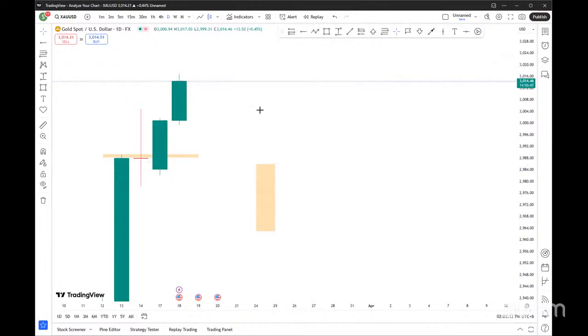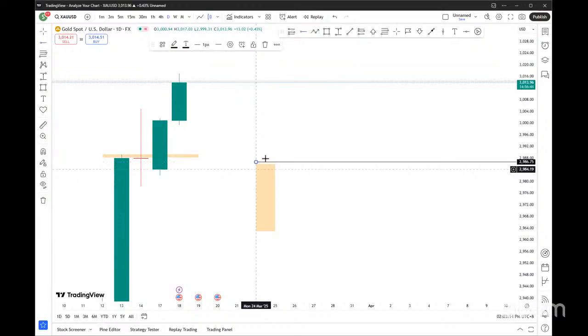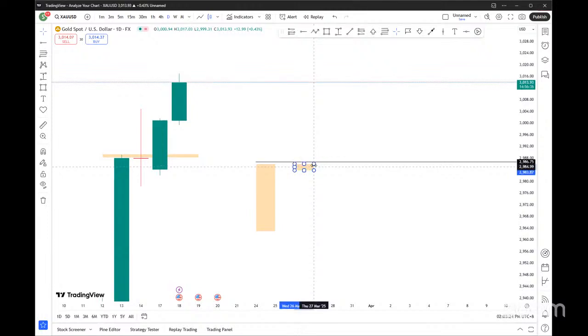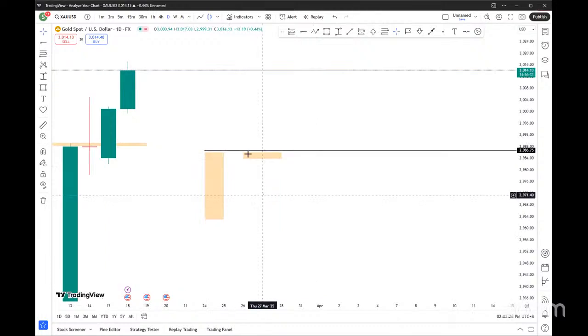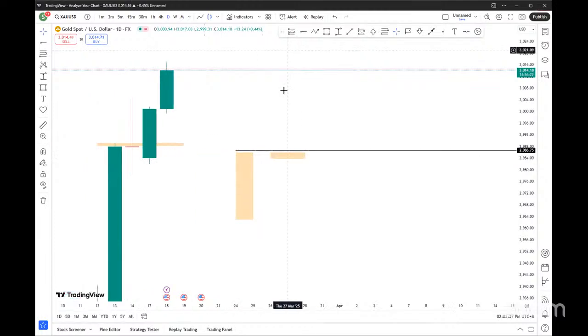If yesterday's candle closed exactly here, today's candle will open exactly there as well. So based on this, that is a higher high and higher low continuation, correct? Before even pushing, we already know that this is a higher high and we are supposed to create a higher low and then push up.